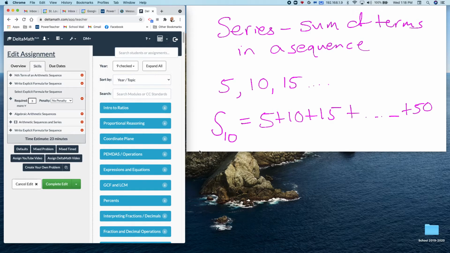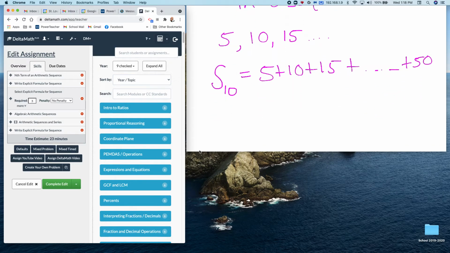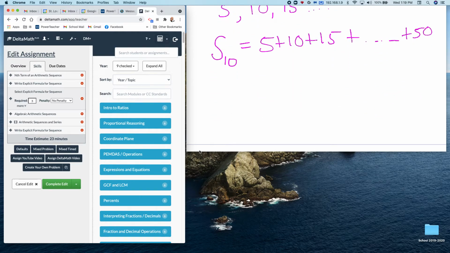Well, we can use a formula for this when it's arithmetic. So we're going to write a formula on here, sometimes called the arithmetic sum or the arithmetic series.